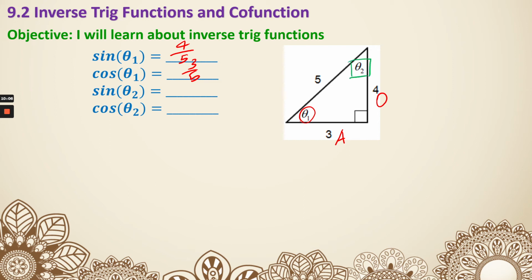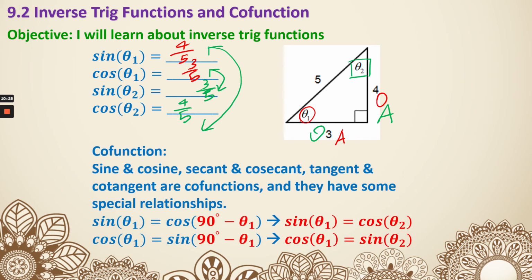Now I'm looking at theta 2, and this is the opposite, that's the new adjacent. So in this case, our sine theta 2 is going to be 3/5, and our cosine is going to be 4/5. So if you look carefully, these two are actually the same, and these two are actually the same, which means something. That's where we talk about cofunction.